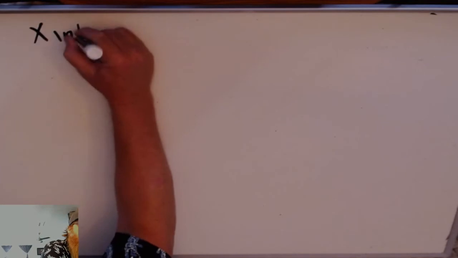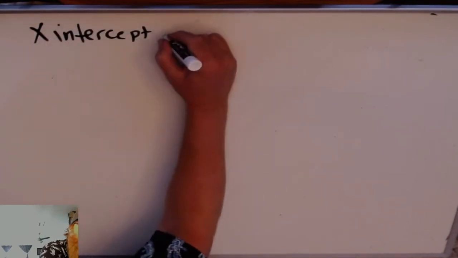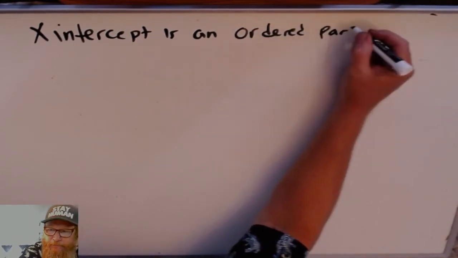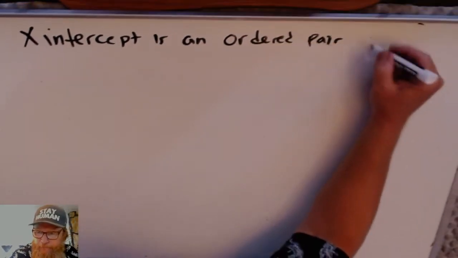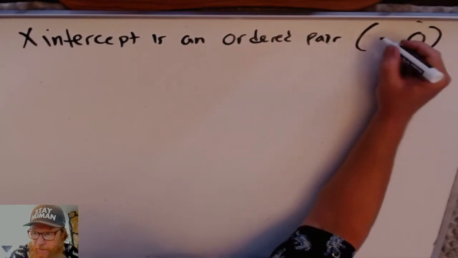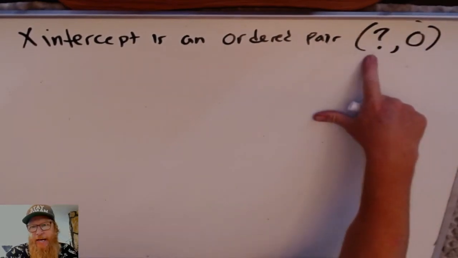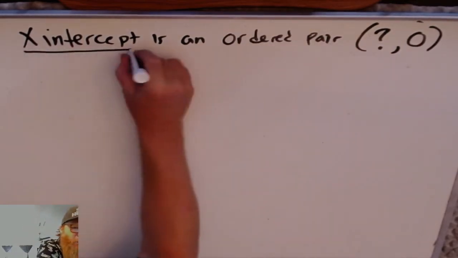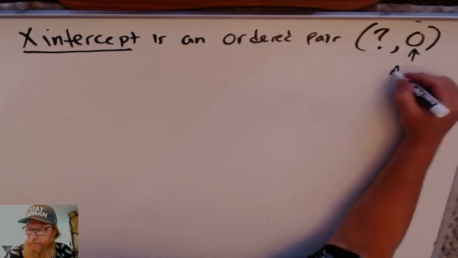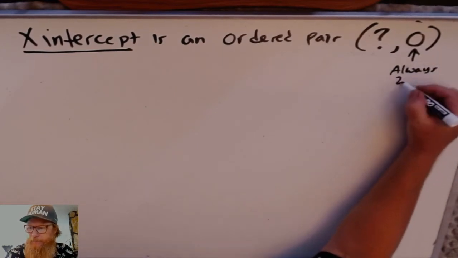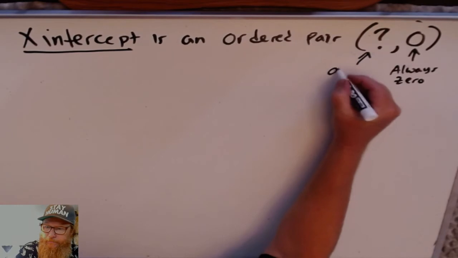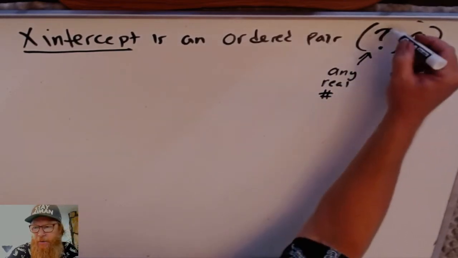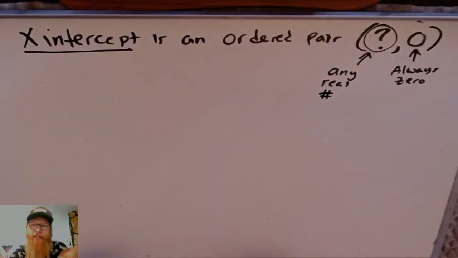An x-intercept is an ordered pair. It's an ordered pair that always has a number and then 0. The second coordinate is always 0. But the question mark here could be any real number. Doesn't necessarily have to be 0.